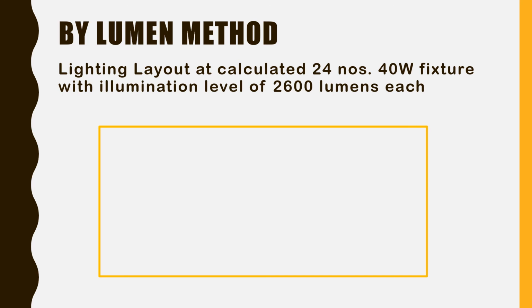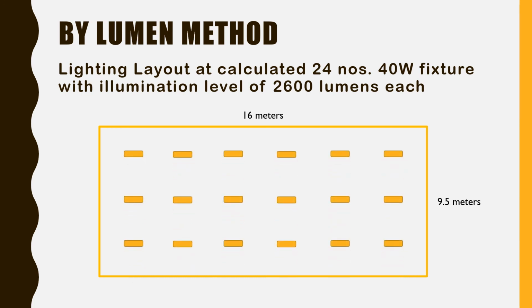So let us plot now the lighting fixtures in our room area. So the same 16 meters by 9.5 meters, and see here 1 2 3 4 5 6 times 3, that is 18.